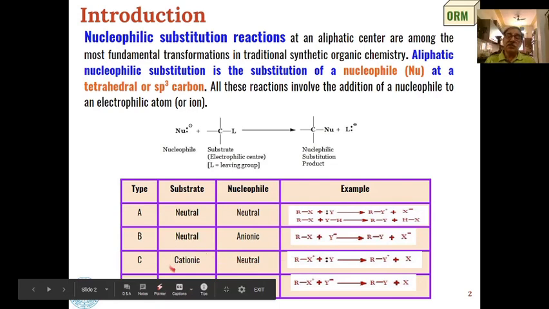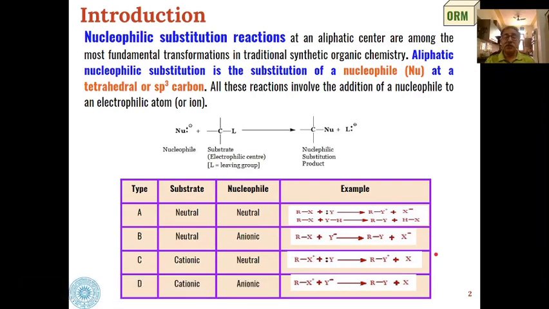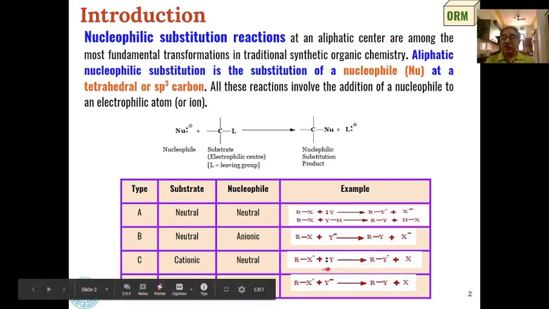Then the third category is that the substrate is cationic and the nucleophile is neutral. So here the X is having a positive charge, and this nucleophile will substitute this X, and we will get these types of products.